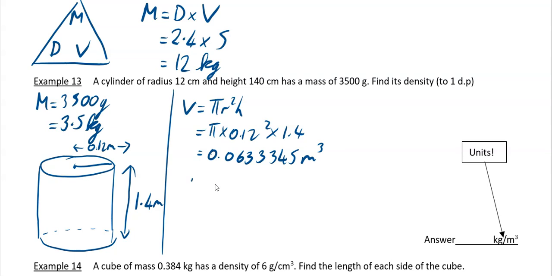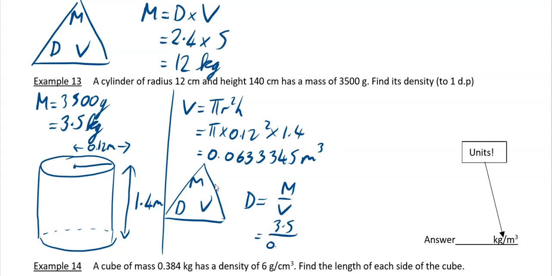So we'll write down our wee memory formula again, M, D, and V. We want to find D. If you cover up D, you're left with your mass divided by your volume. So all you're doing here is your mass, which is 3.5, divided by 0.063345. I've gone to loads of decimal places, so I'm definitely going to be right.